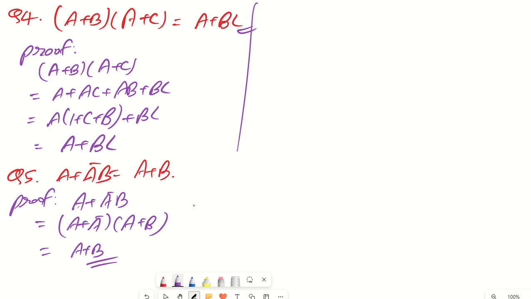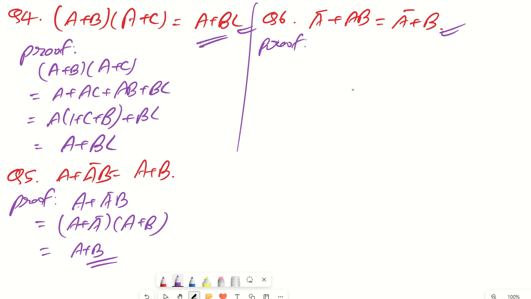Let us say one more question. I'll just take it here itself. So A bar plus AB is going to be A bar plus B. So this was actually the question, like what is A bar plus AB, which of the following is the solution. So we'll just prove it, because I am giving you the right solution.